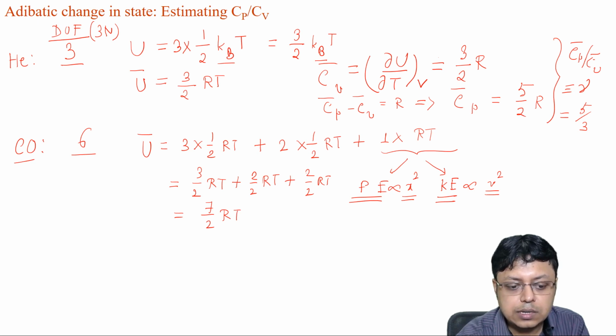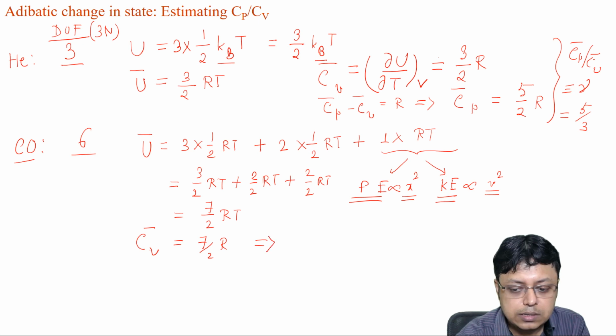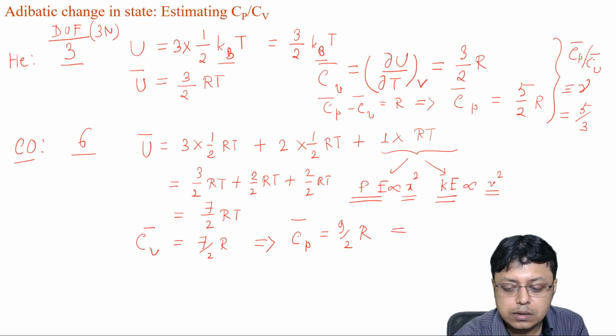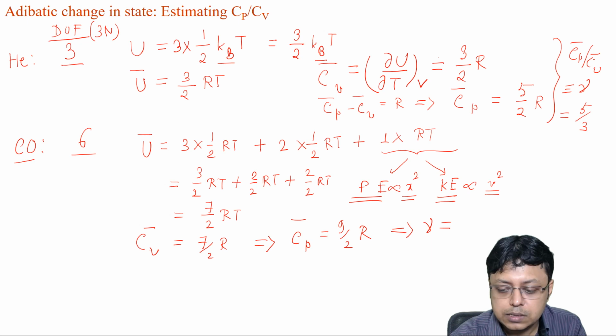So this is the U, and similarly Cv bar will be 7 by 2 R, so that Cp becomes 9 by 2 R, and gamma, which is the ratio of Cp by Cv, becomes 9 by 2 R divided by 7 by 2 R, which is 9 by 7.